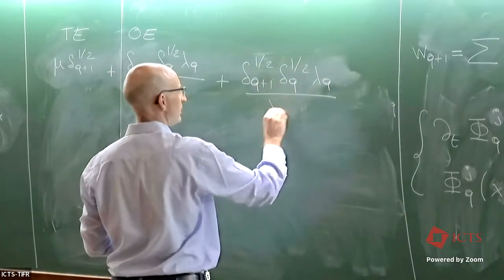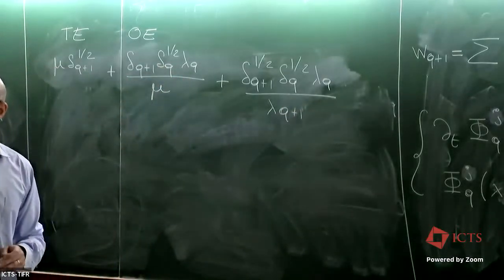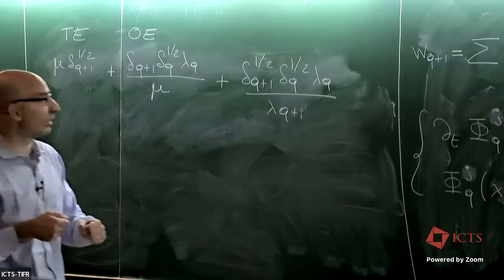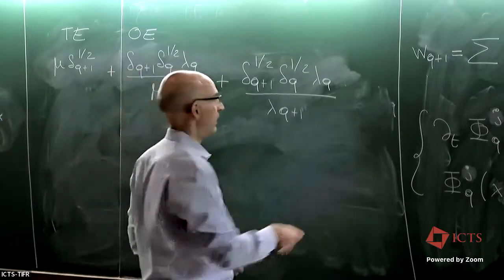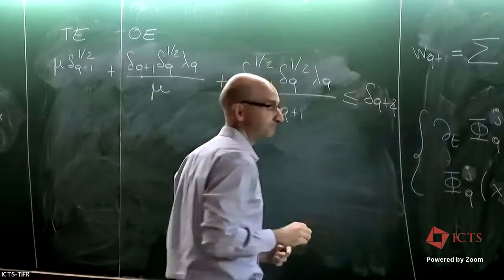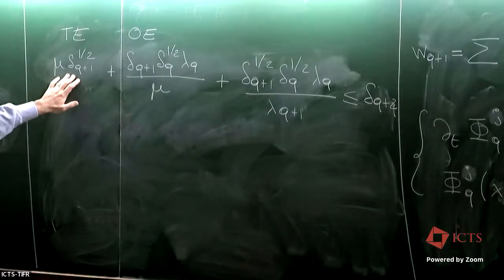And what is the condition to be able to iterate this ugly scheme? I need to be less or equal than delta q plus 2, because that is what is going to be my next target for the Reynolds stress. Okay? Well, now this parameter, I've never chosen it.